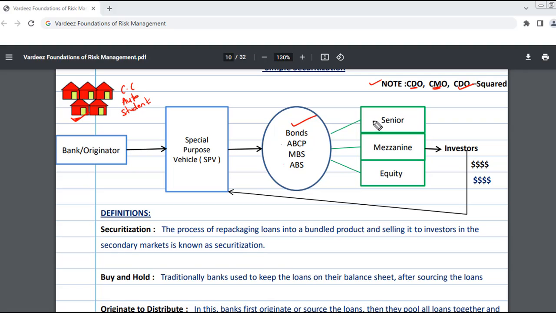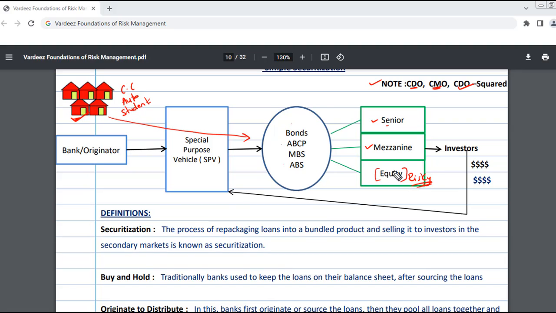Now to understand CDO squared, let's first understand these tranches. I would also want to tell you one thing, that the senior tranche is the tranche that will receive the first interest and principal payment from borrowers. Then the mezzanine will receive the interest and payments, and then after all the payments made to senior and mezzanine, if there are some payments left, only then will the equity tranche receive the payment. So this is very risky in terms of receiving the payments.